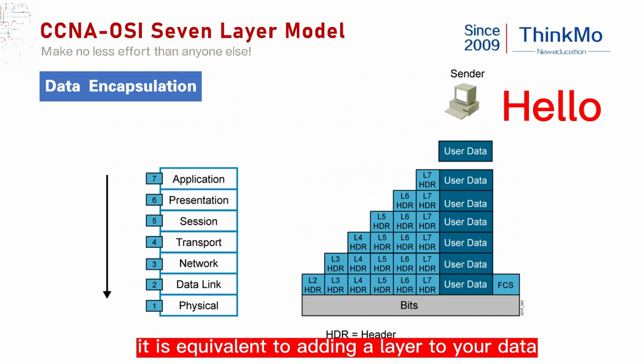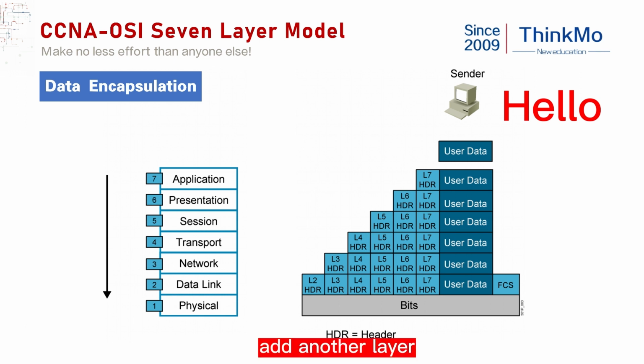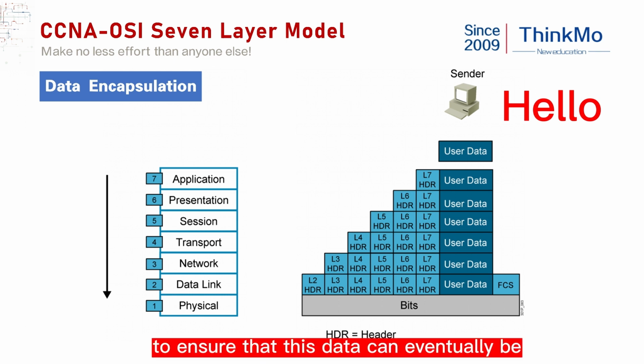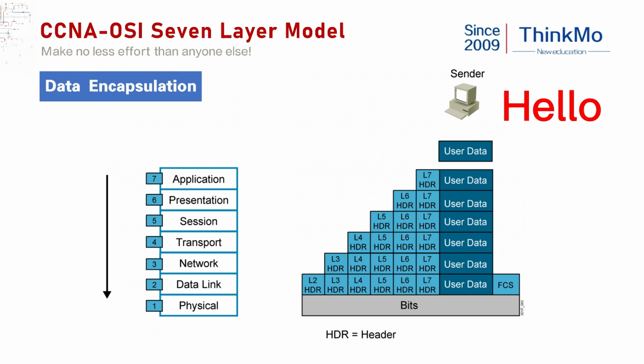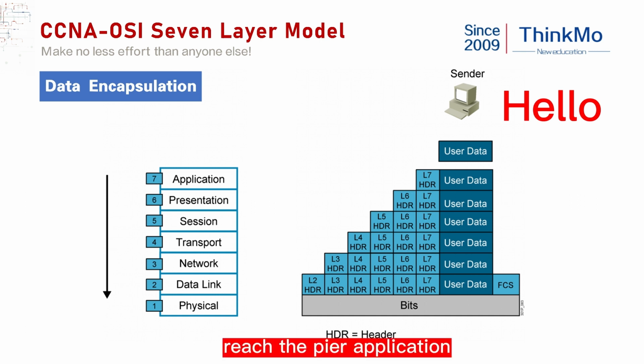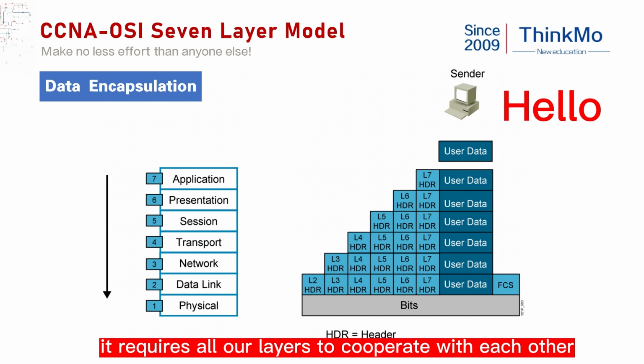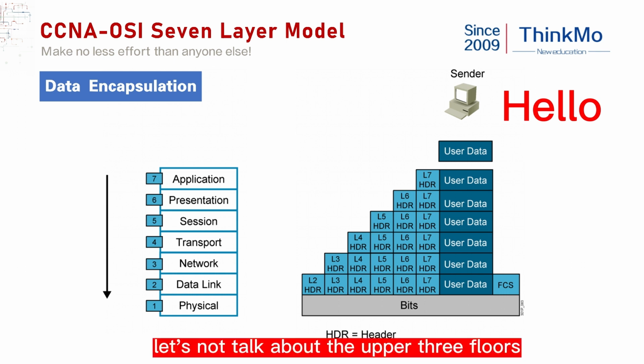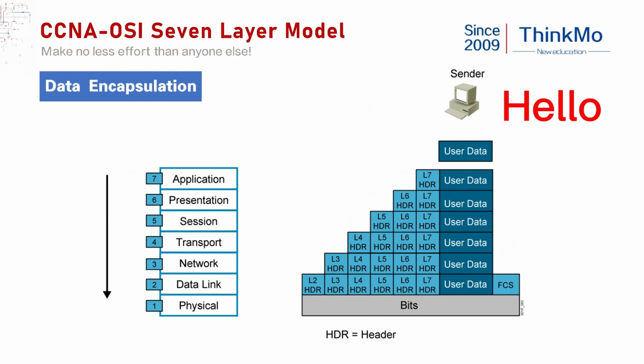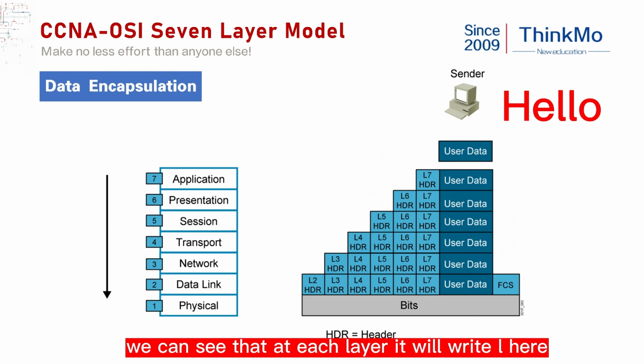It is equivalent to adding a layer to your data, and another layer, to ensure that this data can eventually go via the internet to the peer device, reach the peer application, arrive at the peer's page, and be compiled and displayed in front of them. So the overall process requires all our layers to cooperate with each other. Let's not talk about the upper 3 layers. We can see that at each layer it will write L here.